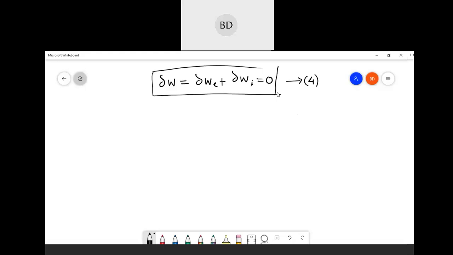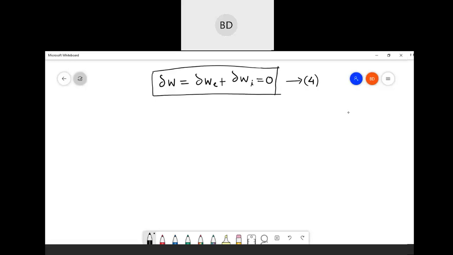Am I correct or not? Am I audible? So it was the last equation on 20th. If you look at your note, we'll continue from this point.